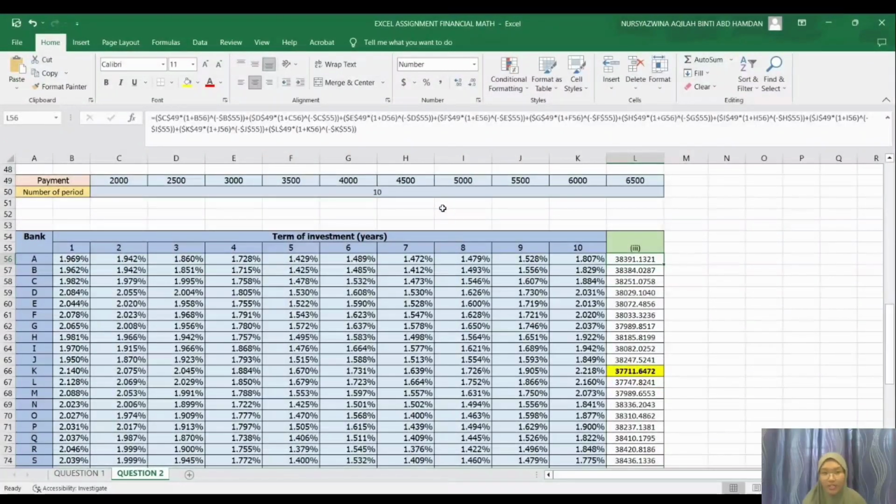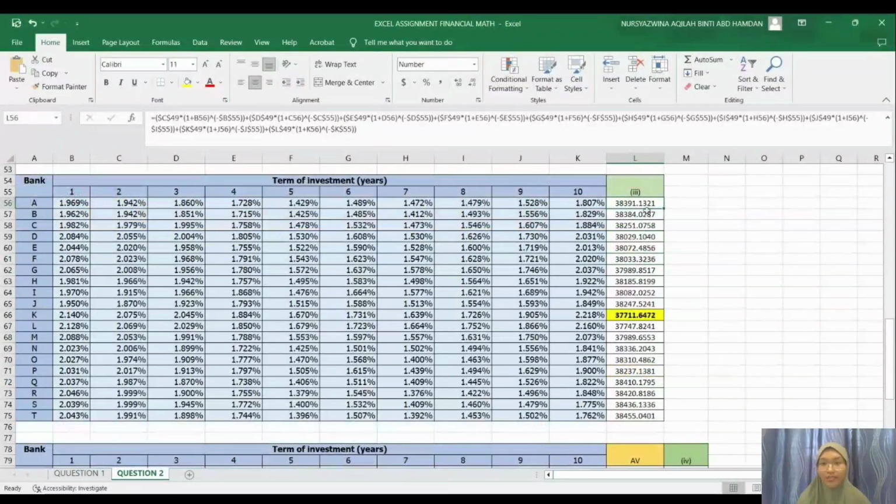The formula is going to be the same, which is RVn from the first year up until the 10 years using the previous formulation that we have done. The important part is we need to lock the cell for the payment, so it will be constant to calculate the PV up until the last bank.